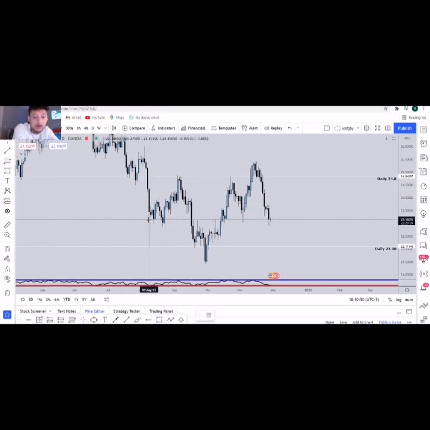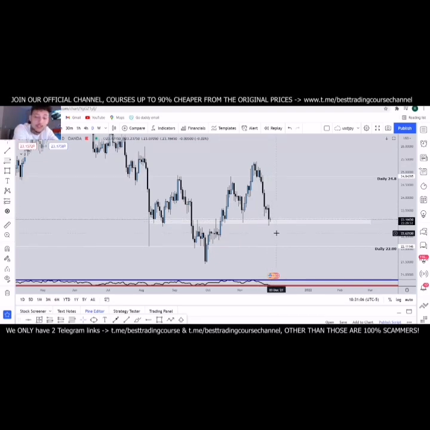Notice how the first reaction right here is that price is currently trading at a level of support and a level of resistance. Notice how price so far is already rejecting this area right here. Notice momentum significantly slowed down.